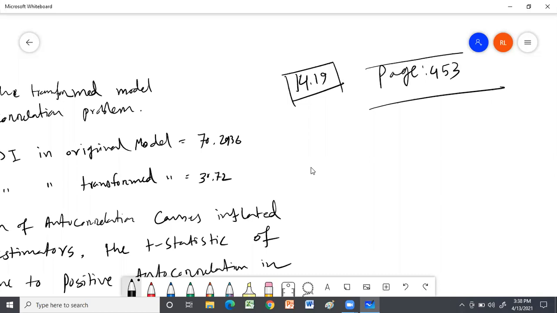They have also given you the hint to extend equation 14.15. That means the transformation we have learned in the earlier class. The same transformation would be applied to this original regression model. First, you have to take the 1 year lag period data. Then you have to multiply that 1 year lag period data with the value of rho, and the rho value can be calculated in 2 ways that I have already shown you in the last class.